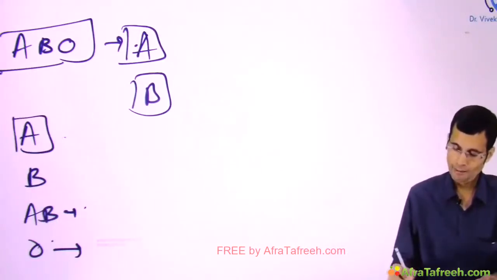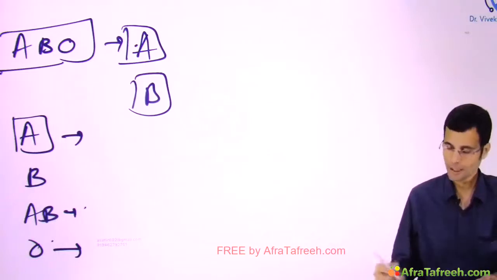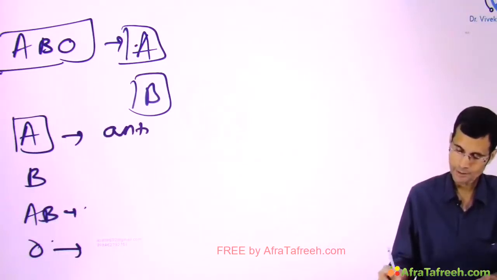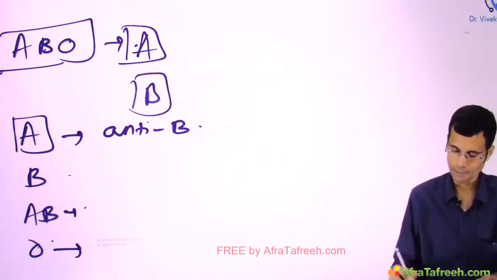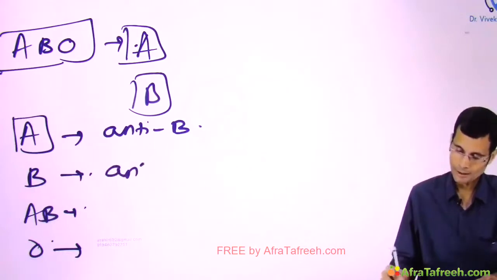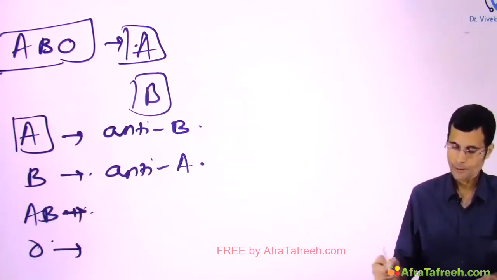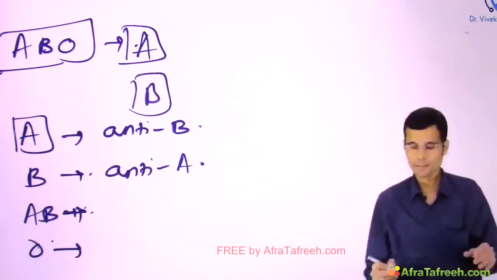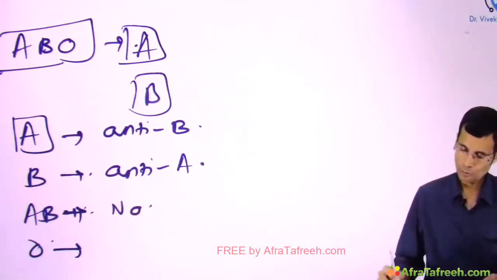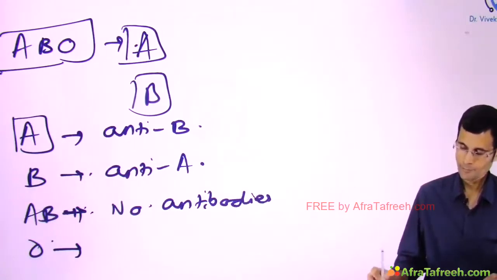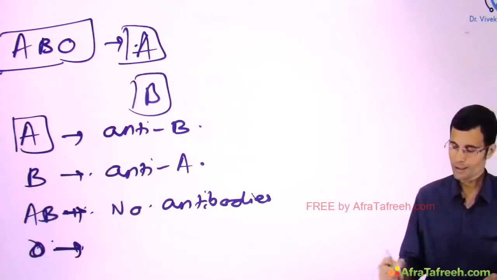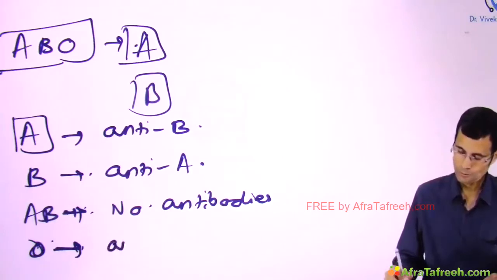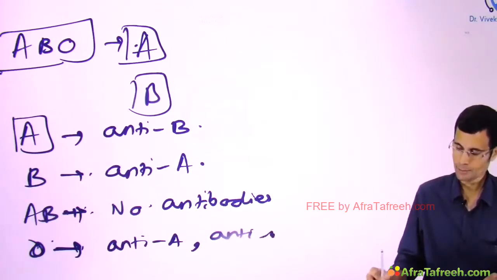So A will not have anti-A in the plasma, but that person will have anti-B in the plasma. B will have anti-A in the plasma. AB, both antigens are present, so no antibodies in the plasma, and O, no antigen present, so both anti-A and anti-B antibodies in the plasma.